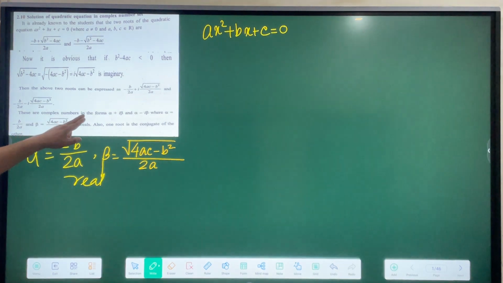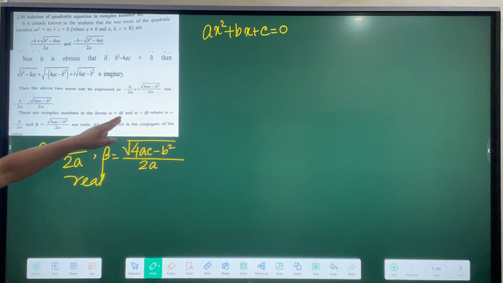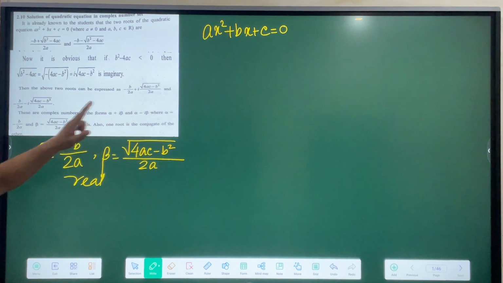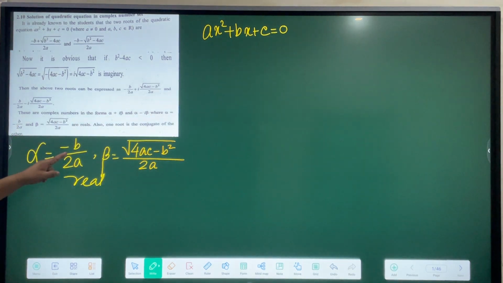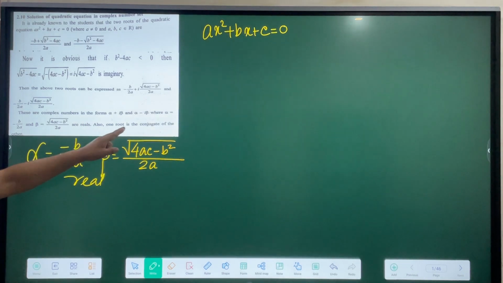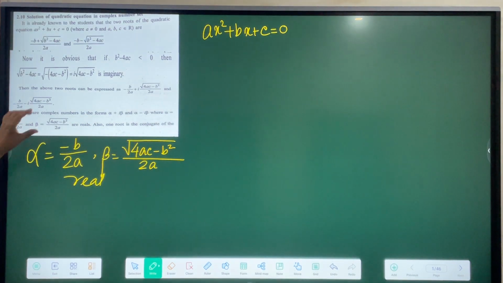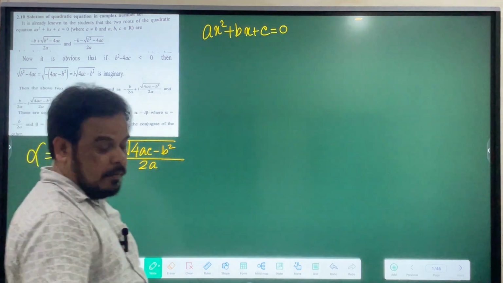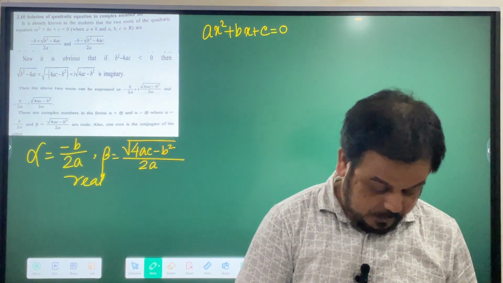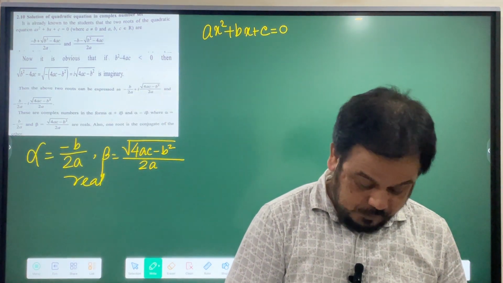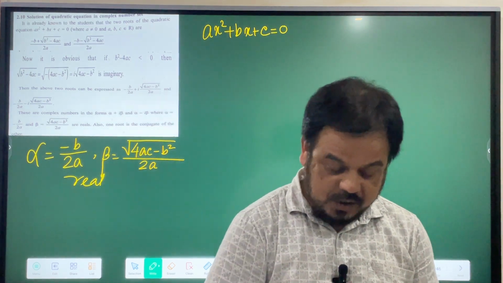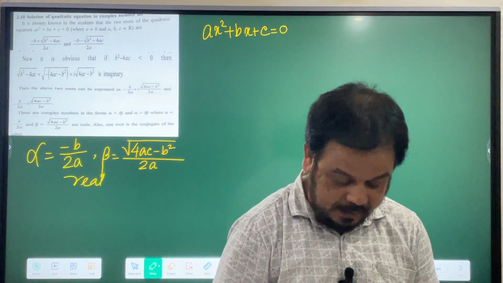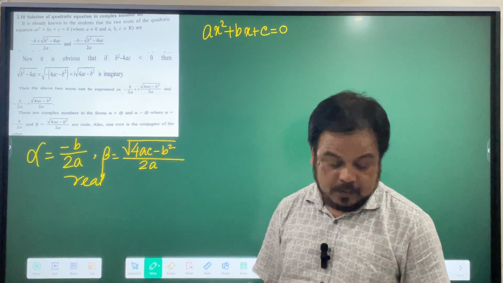So the roots are complex numbers in the forms alpha plus i beta and alpha minus i beta, where alpha and beta are real. Also one root is the conjugate of the other. This is written on page number 87. You can see it yourself.